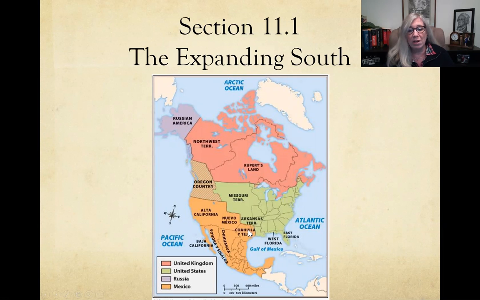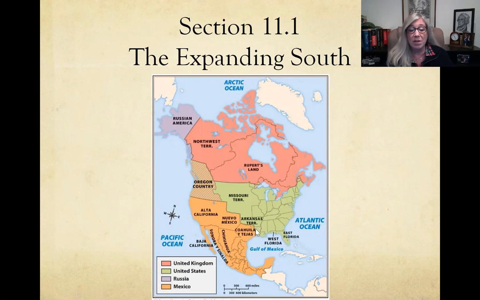But I want you to notice here, this area that's part of Mexico, Coahuila y Tejas, which is the state of Texas within the Mexican territory. They're going to win their independence from Spain here very shortly. But when this becomes annexed by the United States, look at how all of this is below that Missouri Compromise line.